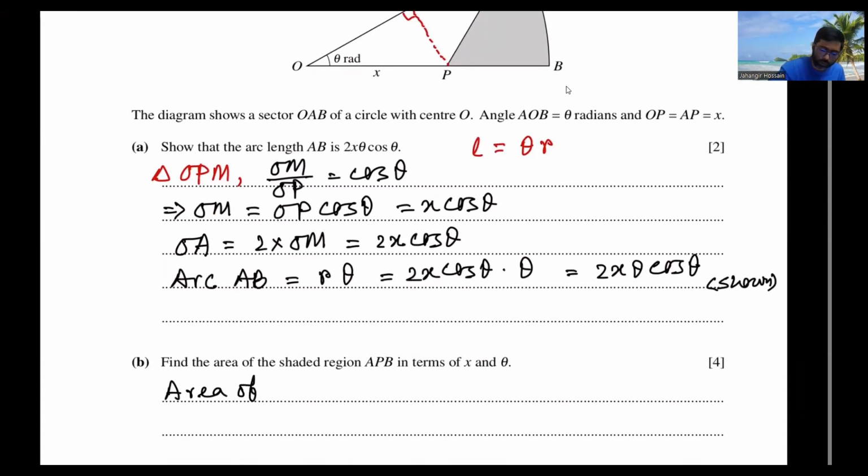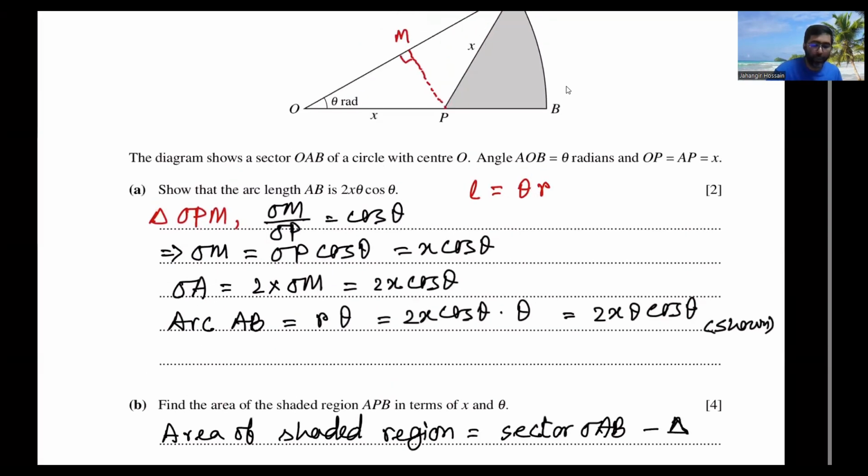Area of shaded region, sector OAB minus triangle OAP.